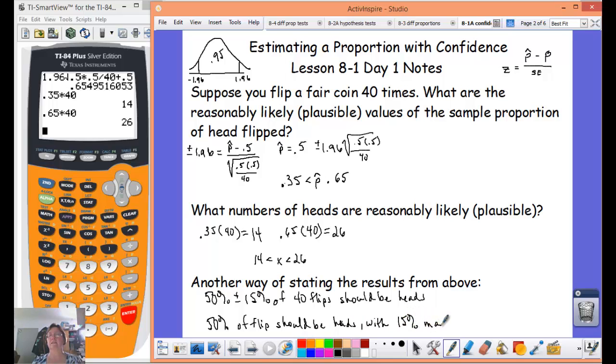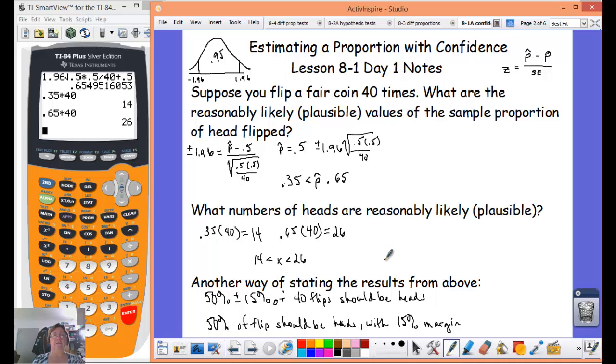That just means that we're thinking about some interval, halfway because heads and tails have a 50-50 likelihood, so 50% should be heads, but we would be comfortable with results between 15% lower than that and 15% higher than that. So what we're doing here is coming up with an interval that we think will contain likely results.